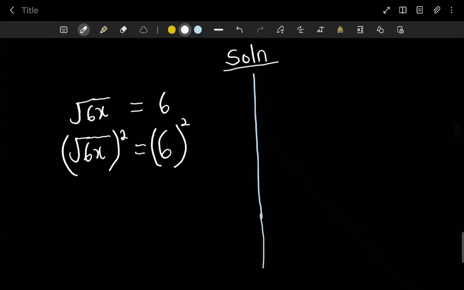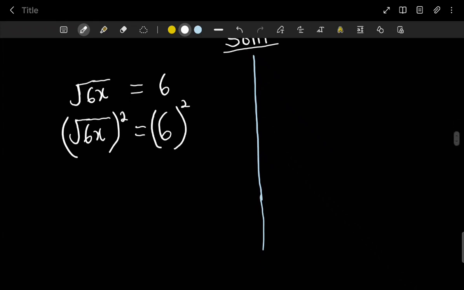We know from the rule in maths that if you have a, square root of a squared is the same as square root of a times what? Square root of a, right?